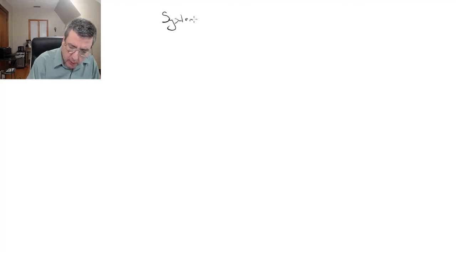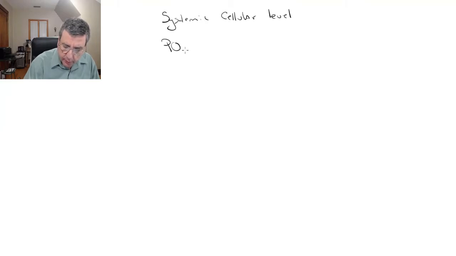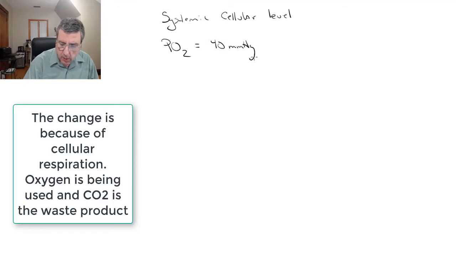So at the systemic cells, your partial pressure of oxygen equals 40 millimeters of mercury, and your partial pressure of CO2 at the systemic cellular level is going to be 45 millimeters of mercury.